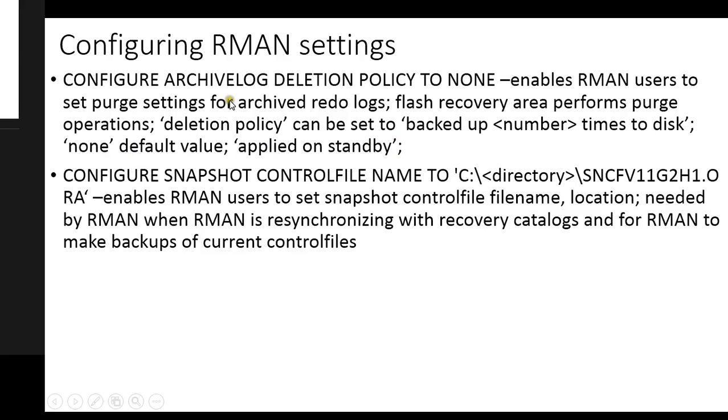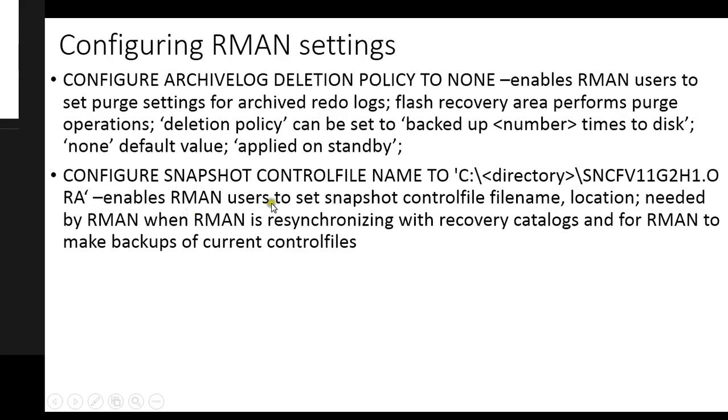So this is just for archive logs that have potentially been stored for a long period of time. And then you also have configure snapshot control file name, where you're just specifying a path to a particular file.